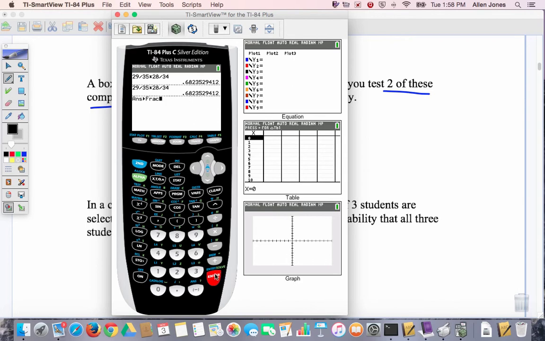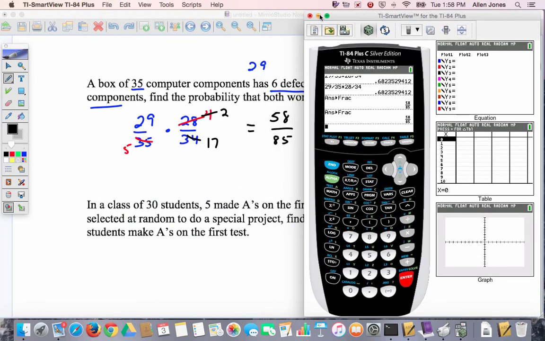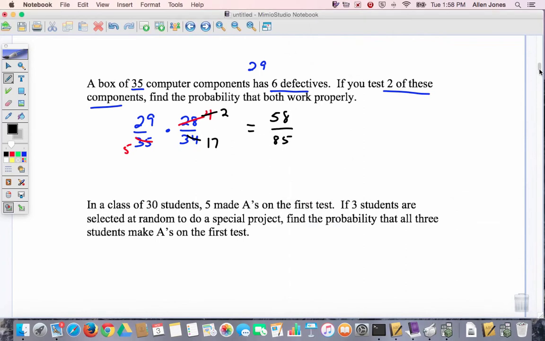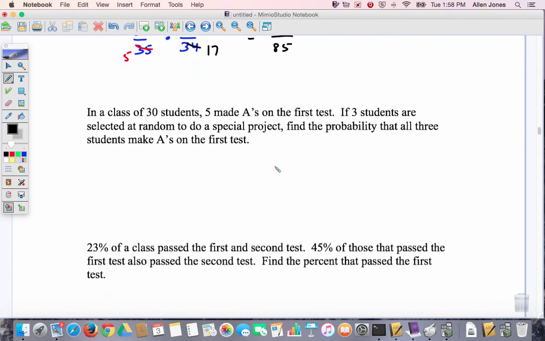Or our calculator will convert that to a fraction underneath the math function. Number 1 is a fraction, so I'm just going to hit enter on that, hit enter a second time, and notice there's my fraction of 28 85ths. Okay, so the graphing calculator can make life a little bit simpler as we type those fractions in if we want to keep working in fractions.